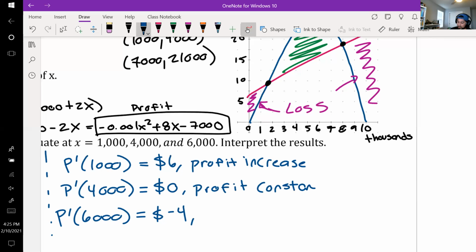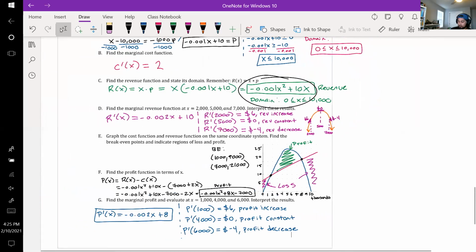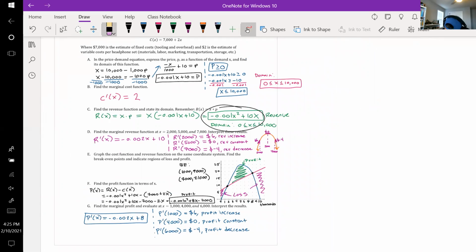And at 6,000 headsets, profit will decrease. And there you go. That's it. Bam. There we go. And that is marginal analysis, guys.